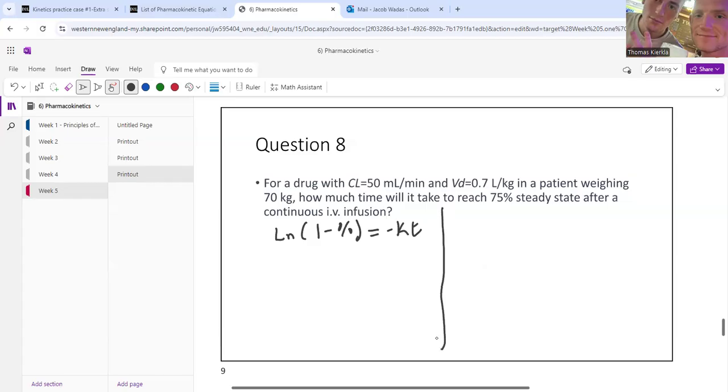For K, they gave us clearance and VD. What equation will we use to find K?